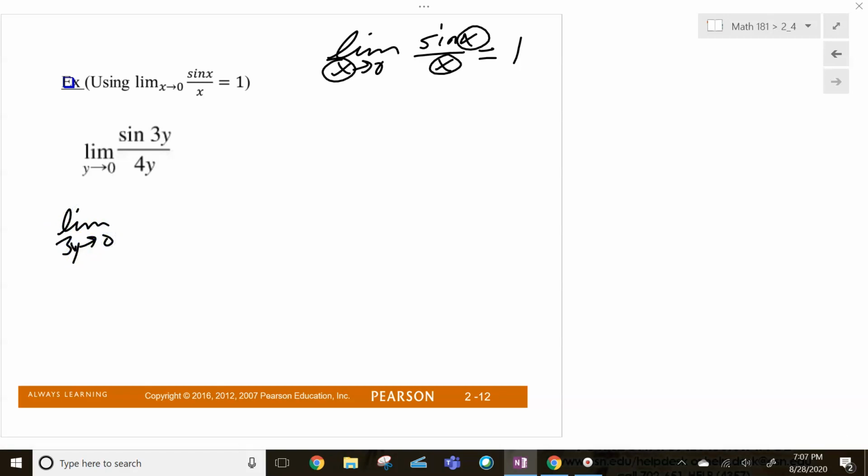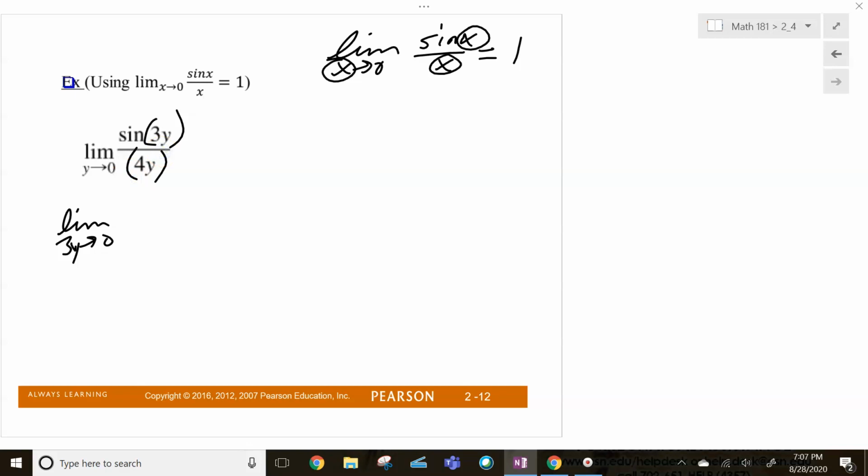If 3y is going to 0, it's the same as if y is going to 0. You're just approaching it faster. If you want to think about a table of values and plugging some y's in there, it's just going more rapidly because you're multiplying the y by 3, right? So 3y approaches 0. That makes no difference. But these do have to be the same.